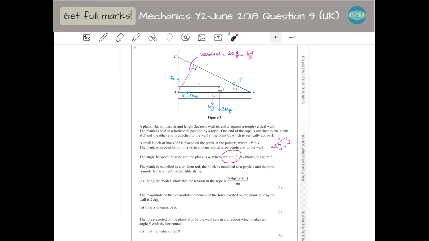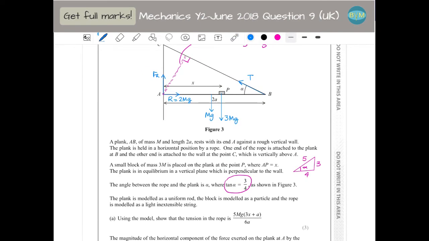So now we know one horizontal force, we have applied moments, so one other option that we can use is to resolve horizontally. And horizontally we have one force pointing that way and the component of this force pointing that way. So remember, if we resolve forces, this tension will have two components, one vertical and one horizontal.